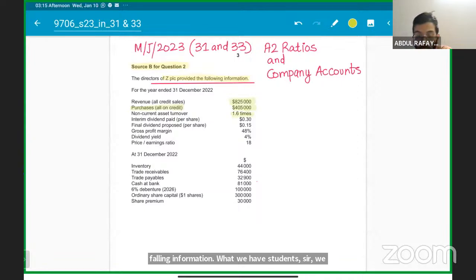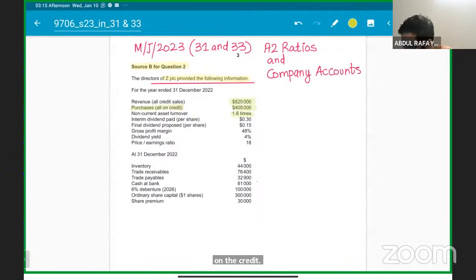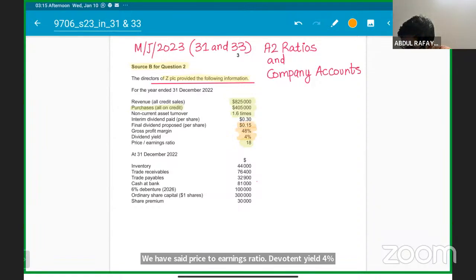We have the non-current assets turnover. We also have some ratios: price to earnings ratio, dividend yield 4%, gross profit margin 48%, final dividend proposed, and interim dividend paid.